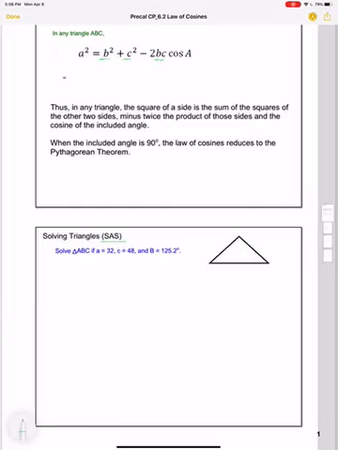So it's important for us to know this. We're going to use triangle ABC. Little a is 32, little c is 48, and angle B is 125.2. Now this is a great example, straightforward, easy, because this is an obtuse angle that they've given us.